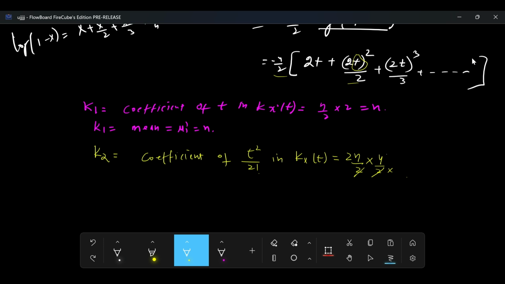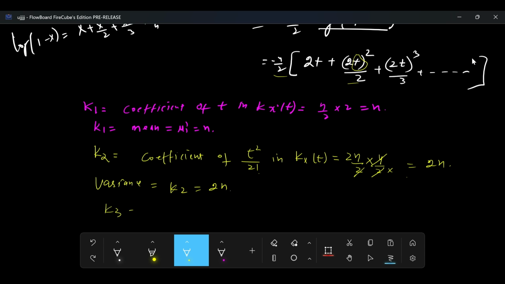So 2 4 cancel out, this is equal to 2n. So k2 is 2n, and variance is k2, that's equal to 2n.